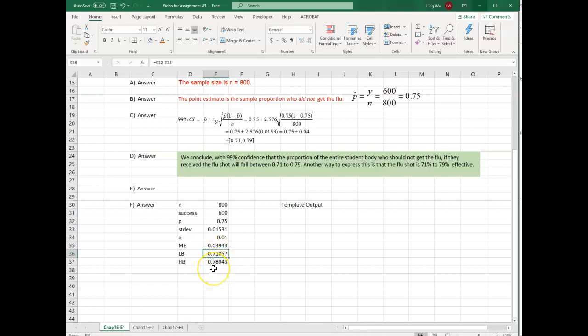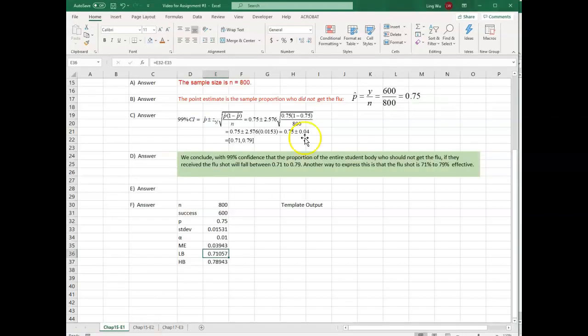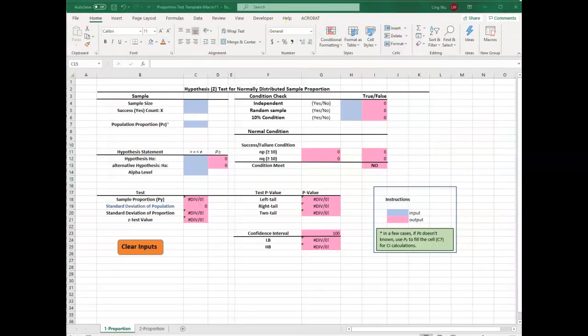Let's look at the proportion test template. Wait a second, I'll just drag this onto the other screen. There are some values we need to insert. This template covers the 1 proportion test and the 2 proportion test. Later on we will use the 2 proportion test, but right now for assignment 3 we only use the 1 proportion test. This is the format of our templates.